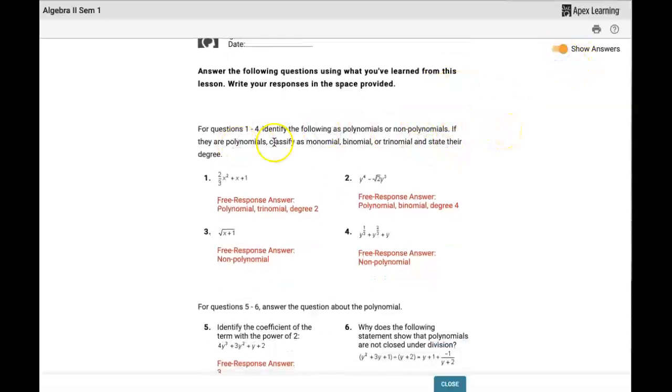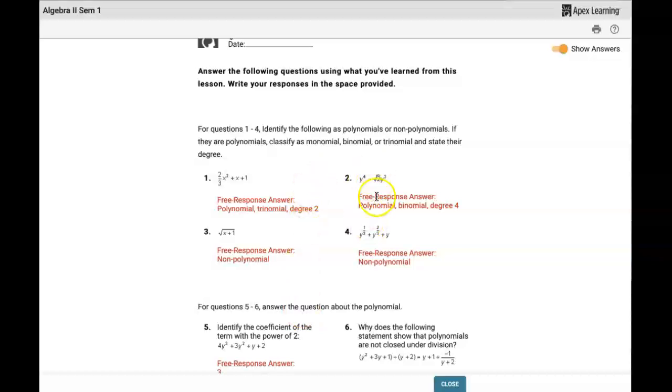To start off, listing the following as polynomials or not polynomials, and then classifying them as monomial, which means 1 term, binomial, which means 2, or trinomial, which means 3. And then the degree is based on the highest power that you have for that exponent.